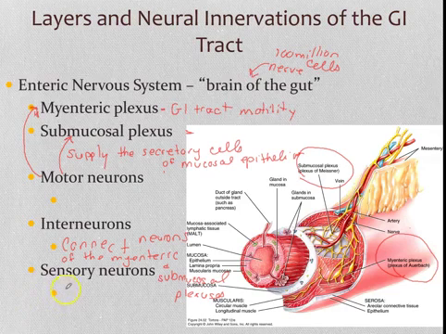And then we have basically two different types of sensory neurons. We have chemoreceptors, and hopefully you remember from 201, chemoreceptors are picking up on chemical cues.